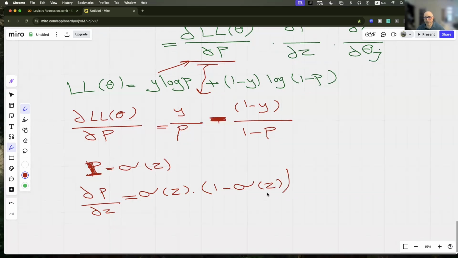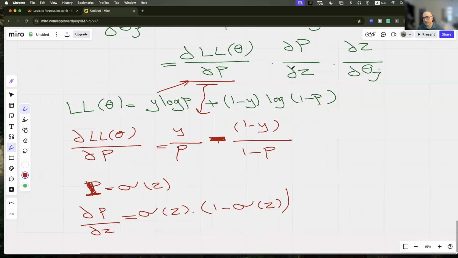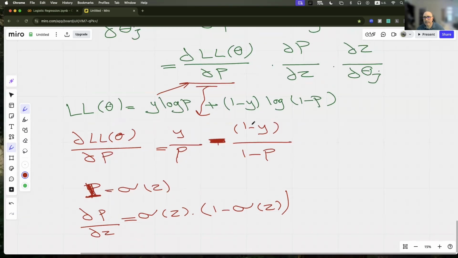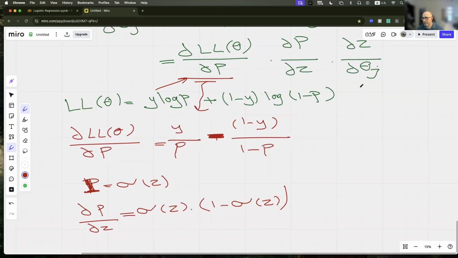That would be the second term. So at the end, we multiply each of them together.